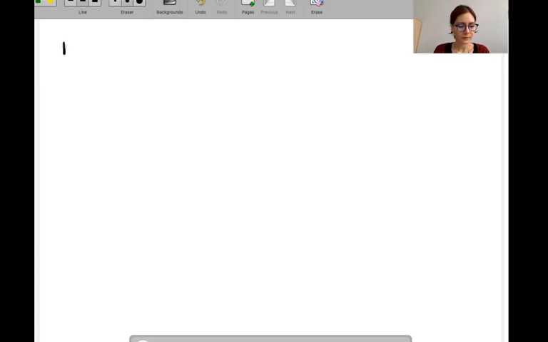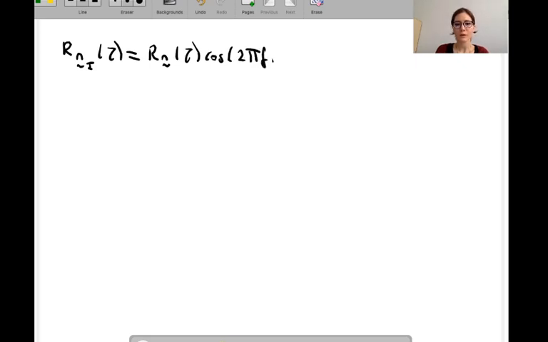So let's first remember Rni of tau is given by this expression. So Rn of tau, I'm just copying the previous equation on the slide, cosine 2 pi fc tau plus the Hilbert transform of this time function, Rn Hilbert transform of tau, sine 2 pi fc tau.